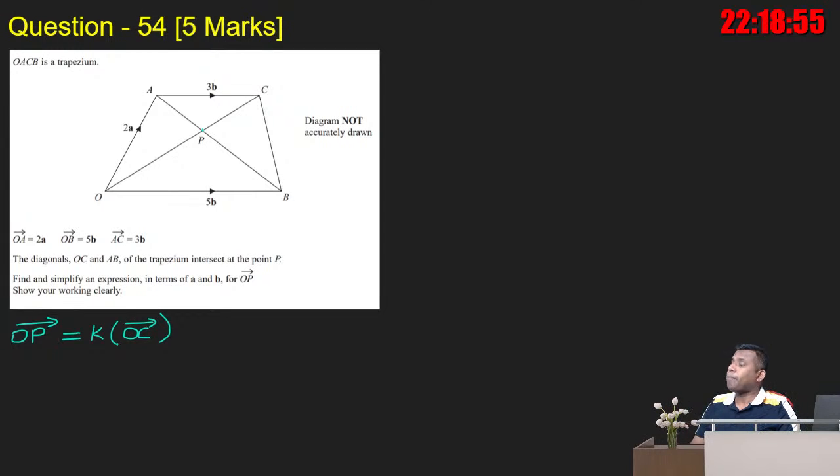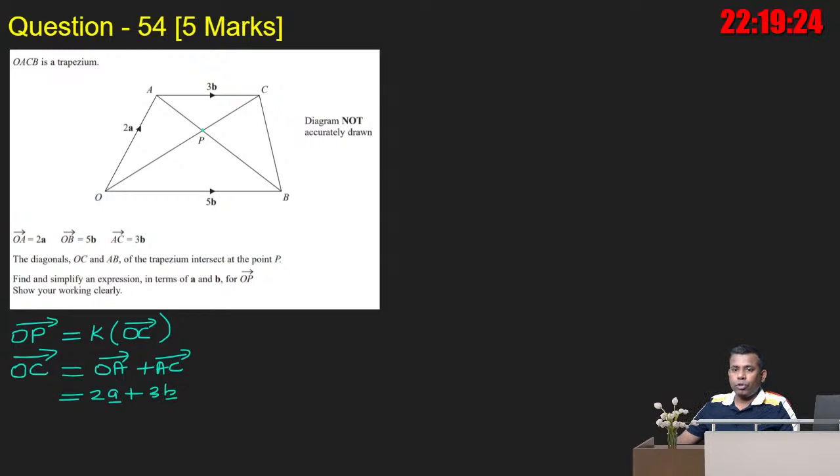K can be any number. So OP vector is k times the OC vector. Now I need to find out what the OC vector is. OC vector is OA vector plus AC vector. OA vector is 2a plus 3b.